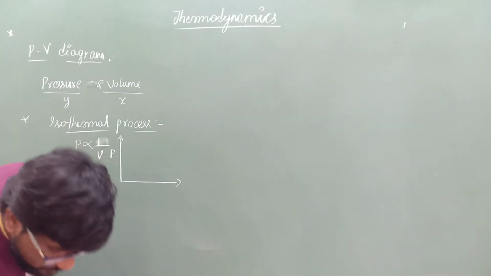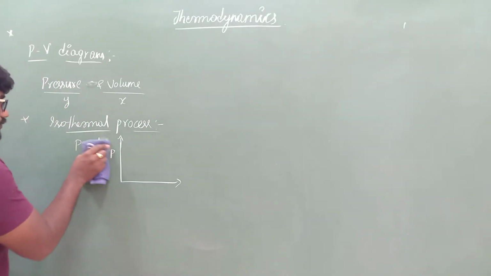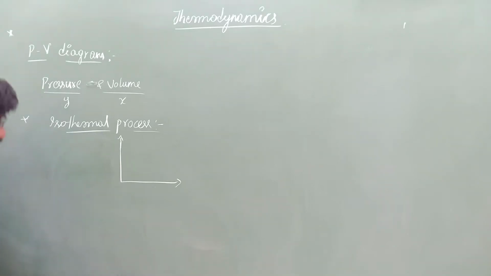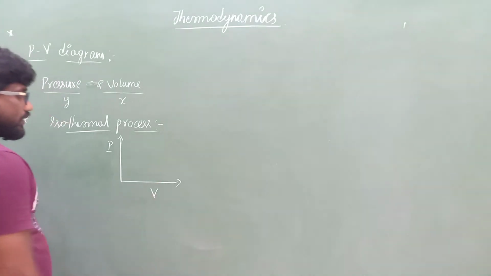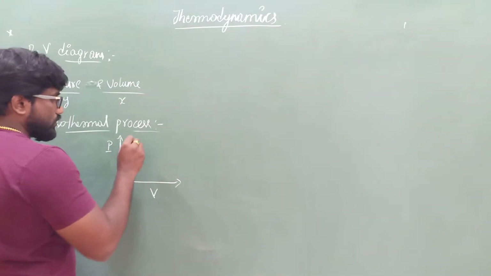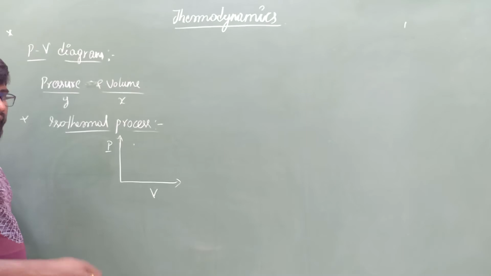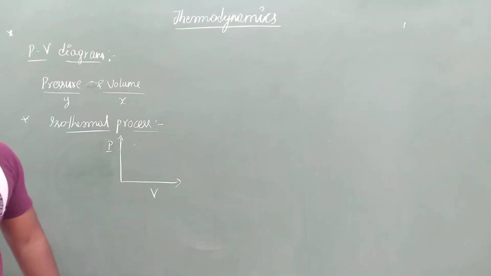So this is P and this is V. If I plot the graph, obviously if you take any gas, it has some pressure and also it has some volume.